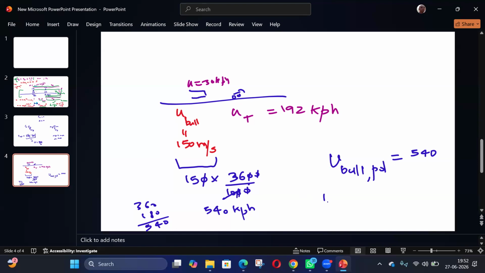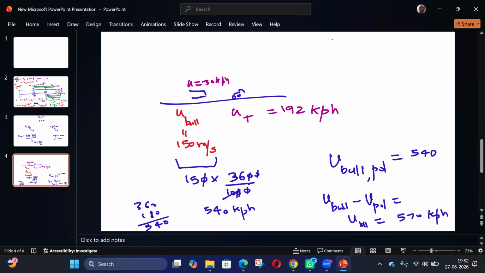That means velocity of the bullet minus velocity of the police vehicle is 540. So velocity of the bullet with respect to the ground will be 540 plus 30, 570 kilometers per hour.